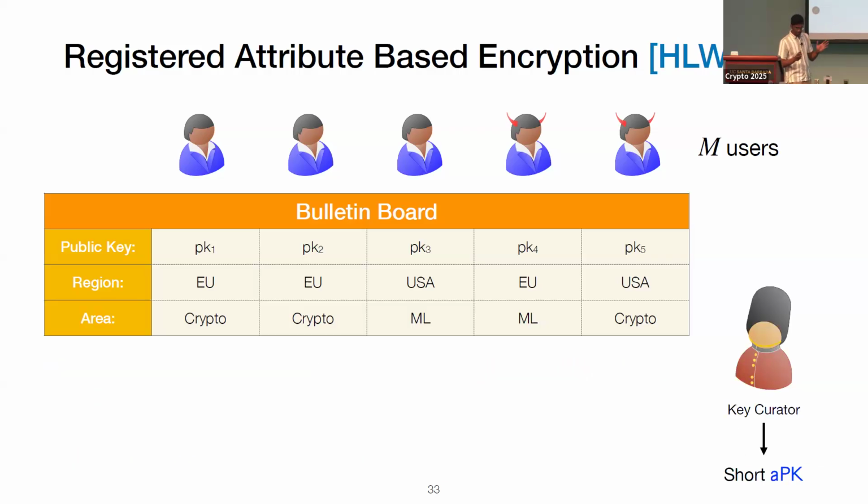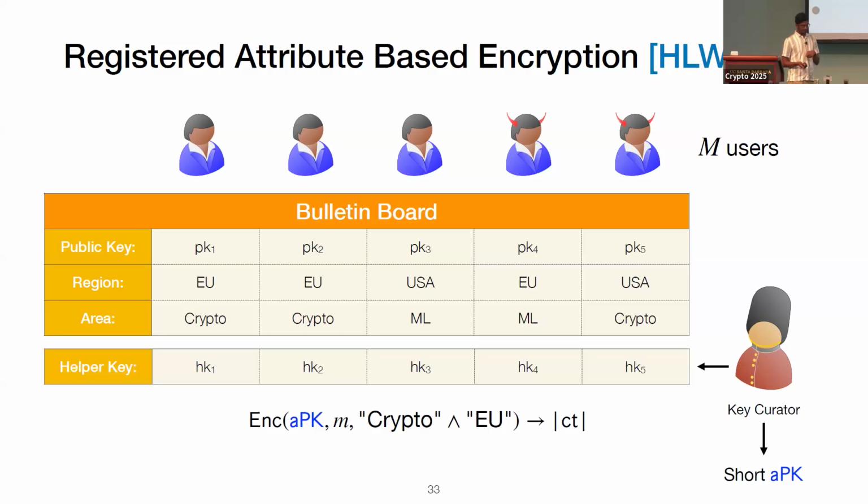In a bit more detail, how this primitive would work is there's a key curator, and they're going to produce a short aggregated public key of the bulletin board. To encrypt, you just need that APK, and then you specify your predicate. The key curator is also going to produce helper keys, which are user-specific material. It's going to be succinct in the number of users and so on. And using this helper key, you're going to be able to decrypt the message along with your secret key.